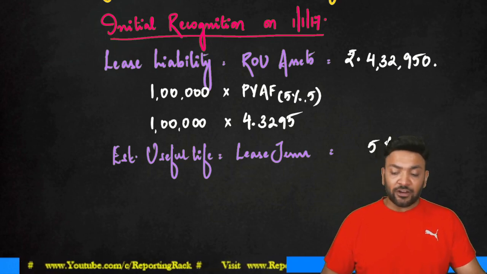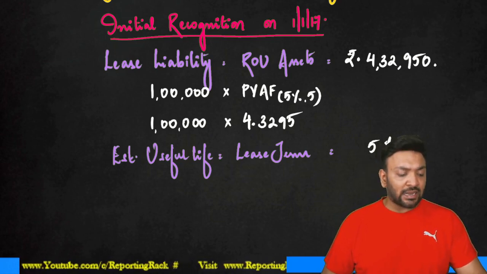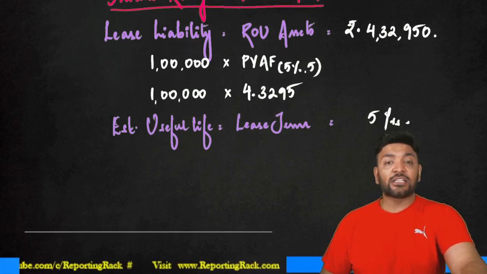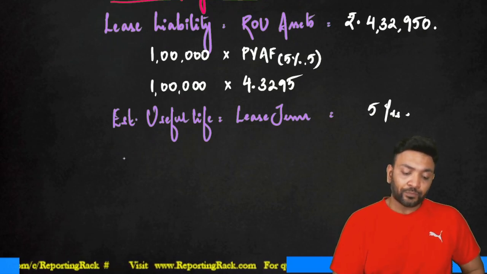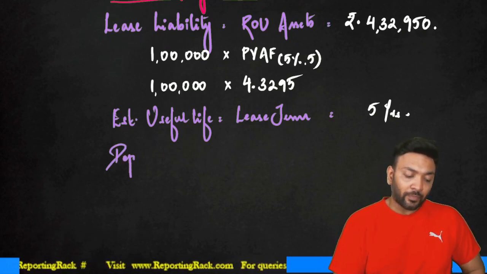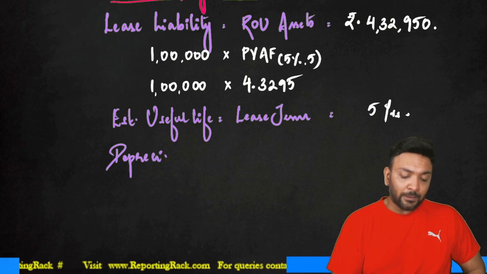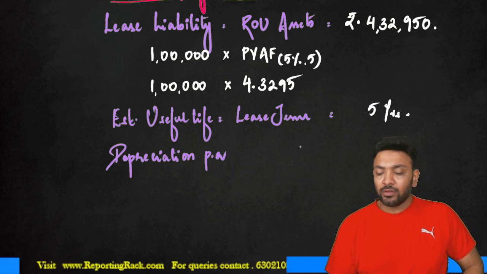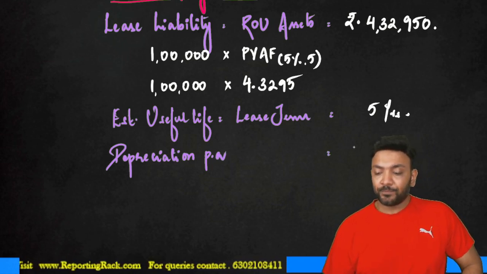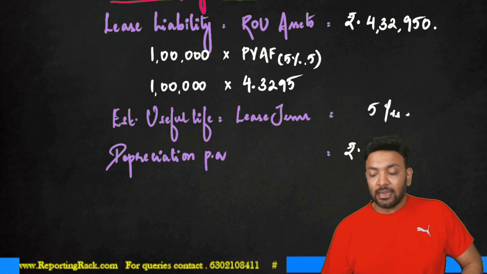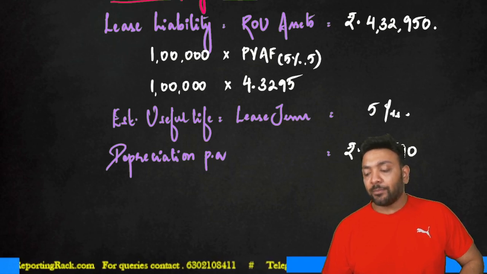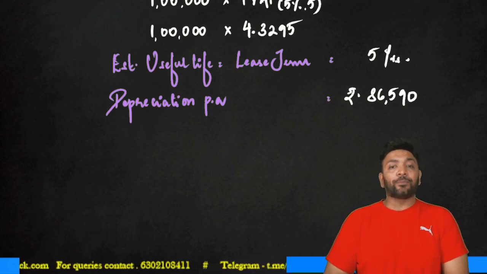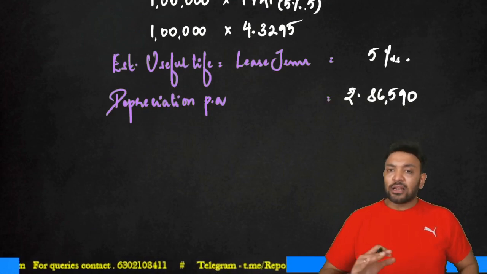Therefore, if I take 4,32,950 divided by 5, the amount of depreciation we charge per annum is equal to rupees 86,590. Correct? Now let's move on.